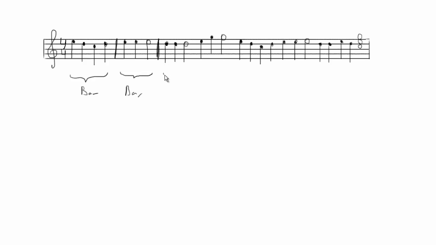Here we have another bar. We put a vertical line, another bar. Remember, a bar is 4/4 long. You can have anything as long as it's 4/4 long. Here's another bar, these 4/4.